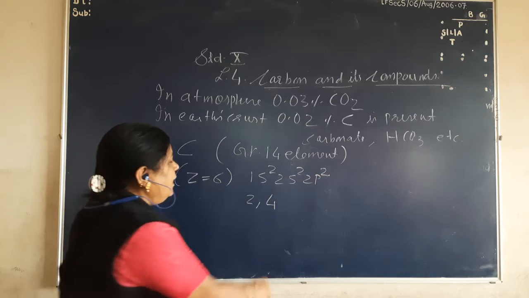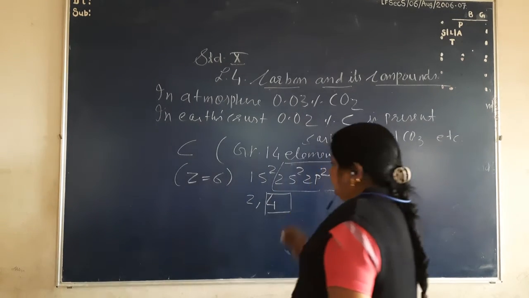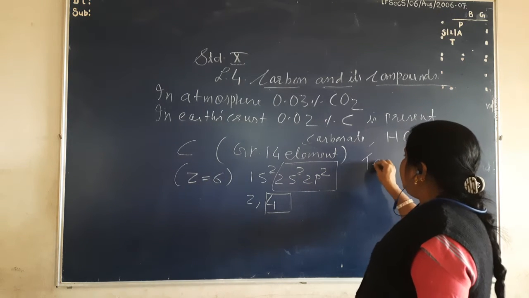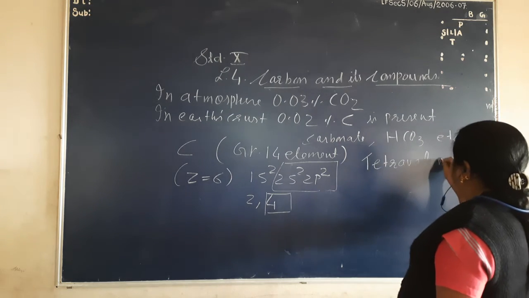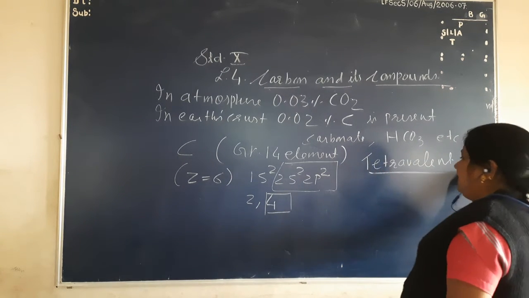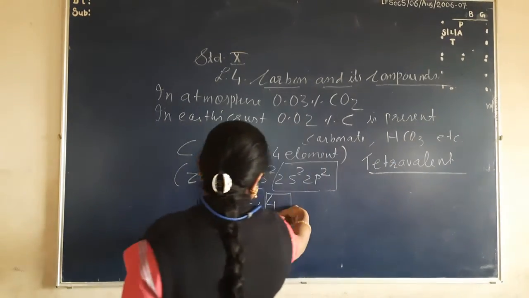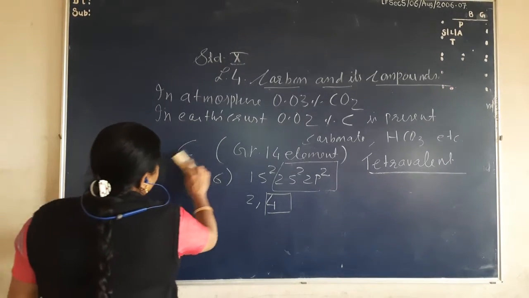That means the outermost orbit has 4 electrons. Therefore, it is said that carbon is tetravalent, that is, the outermost orbit has 4 electrons. Clear, children?